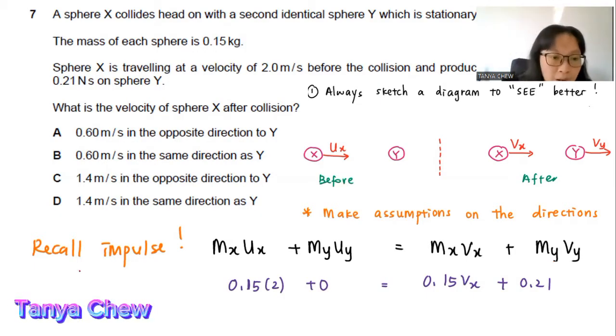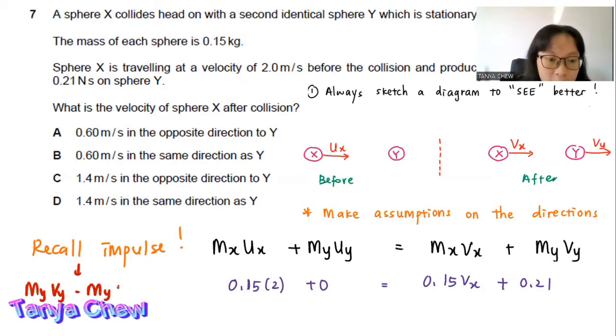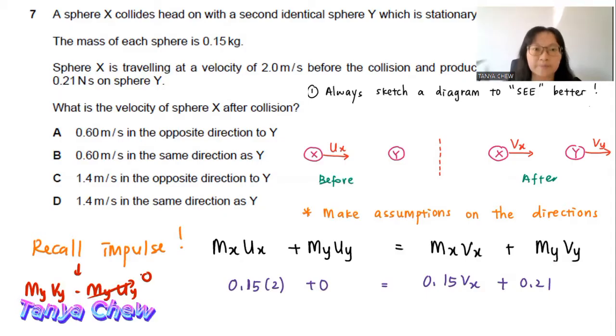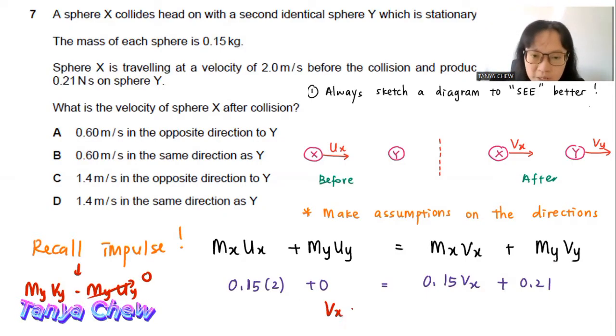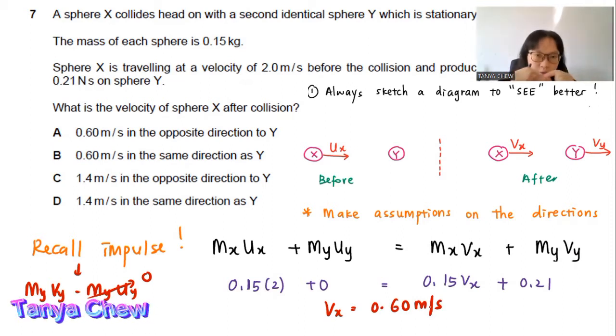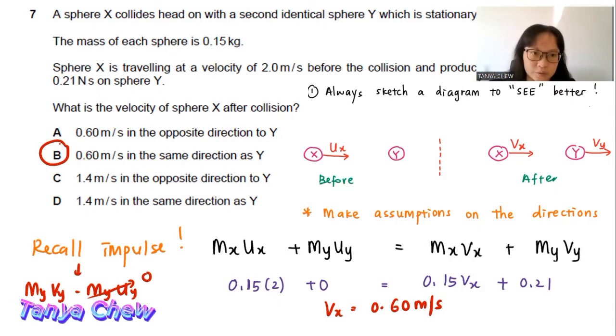Why? Because impulse is my vy minus my uy. So anything minus 0 will end up giving you the same answer. So impulse of Y here represents the final momentum of Y. So when you work it out, you should be getting vX as positive 0.60 meter per second. Since my answer is positive, the direction that I considered is actually in the correct direction. Therefore, B is the answer.